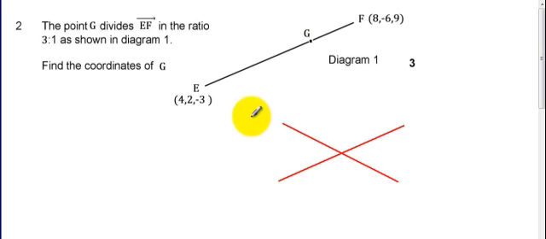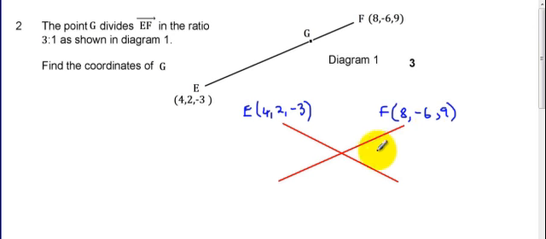We can work out the position vector of G if we use this diagram. E is the point (4, 2, -3), and F is the point (8, -6, 9). We want to find the point G which divides this line in the ratio 3 to 1.